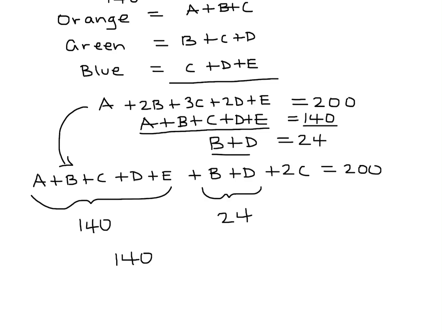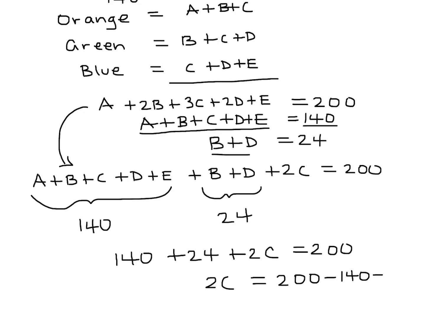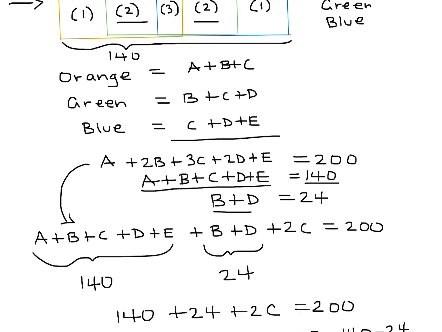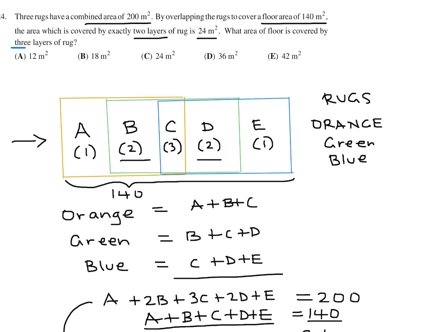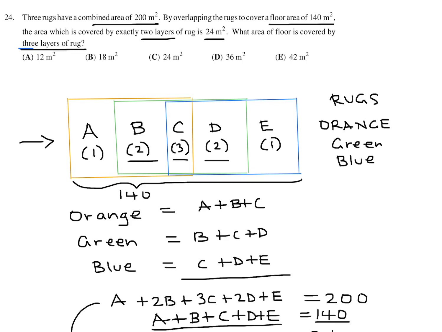So therefore, we have 140 plus 24 plus 2C is equal to 200. So 2C is equal to 200 minus 140 minus 24. 2C is equal to 36, and therefore C is equal to 18. And that is what the question was asking us. What area of the floor is covered by 3 layers of the rug? 3 layers of the rug represented by C is 18. So the answer to number 24 is B.